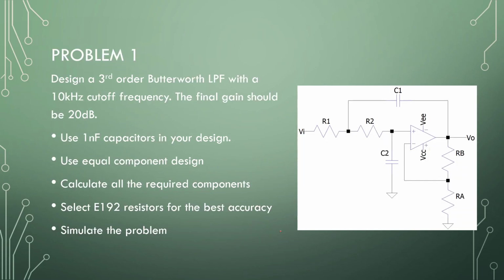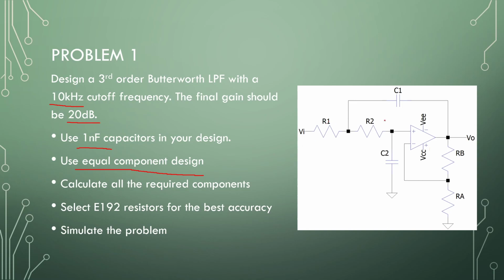So, the best way to do this is to go through some problems. The first problem is, let's design a third order Butterworth filter for a 10 kHz cutoff frequency and a final gain of 20 decibels. Let's use 1 nanofarad capacitors in our design and equal components throughout.